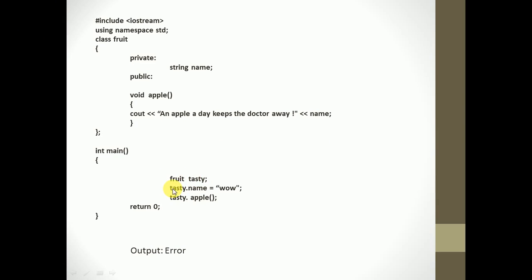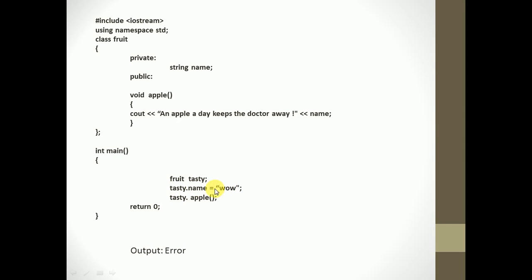Now it comes to the next line. It sees tasty.name. What is this name? It just goes and checks here. Yes, name is going to be a string. It is given in private, which means, okay, we'll see it later. So now tasty.name equals "wow". Since it is a string, I have given it inside the double quotes.